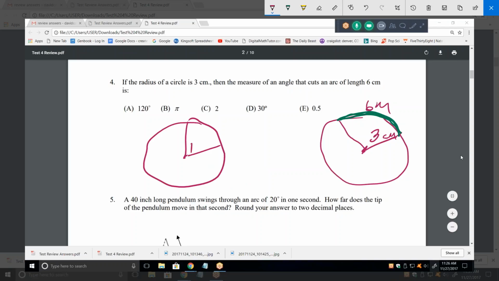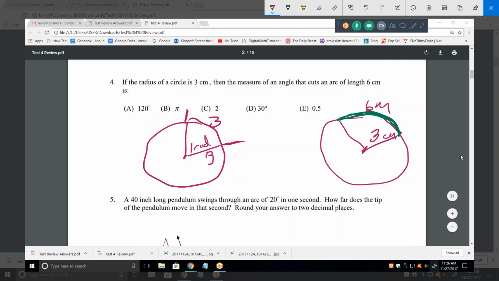If that angle is 1 radian, we have a radius of 3. What is the measurement of that arc? Or let's see, what does a radian mean? It means an angle that intercepts an arc that is the radius. That would have to be 3.